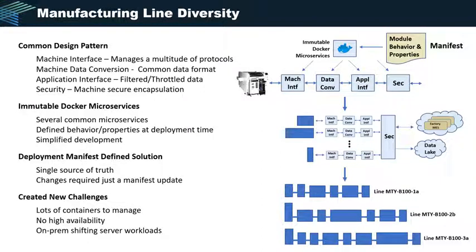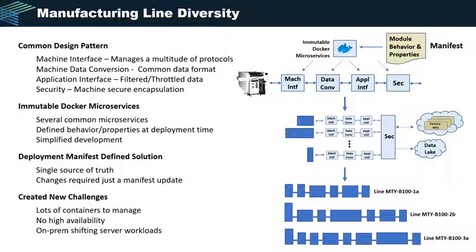So we created the behavior and properties of the container not when we wrote or built the software, but when we deployed it. This really made the problem of developing all the code for these environments much simpler, and also reduced the number of containers to about 50 to 60 needed to support all the machines in our factories.